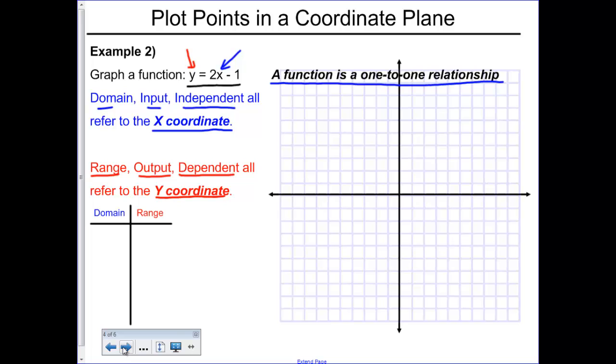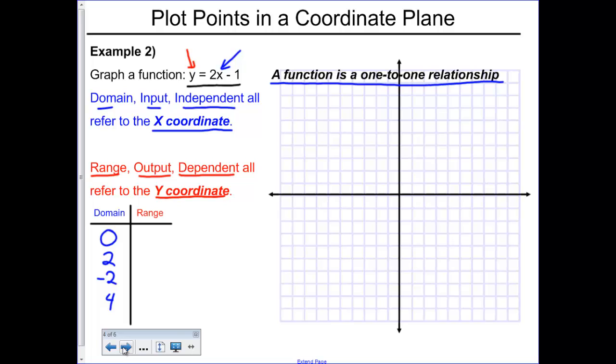Keep in mind again that another way of naming input or independent is the word domain. So I'm going to go ahead and select some values for domain. I'm going to select a 0, a 2, a negative 2, and I'll go ahead and pick one more. Let's pick 4.